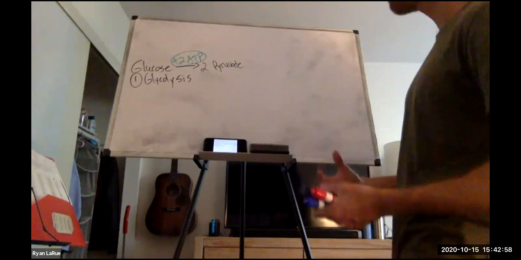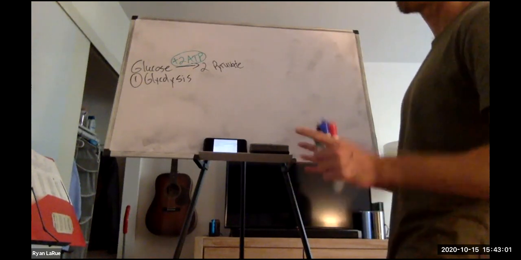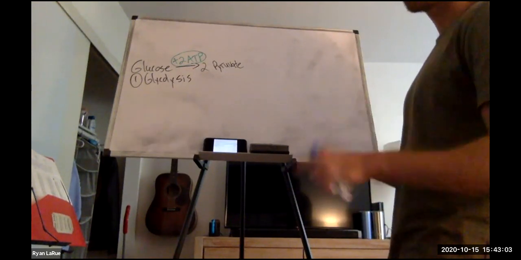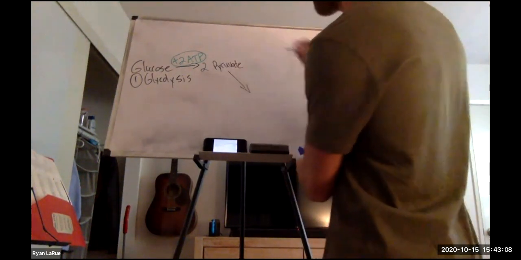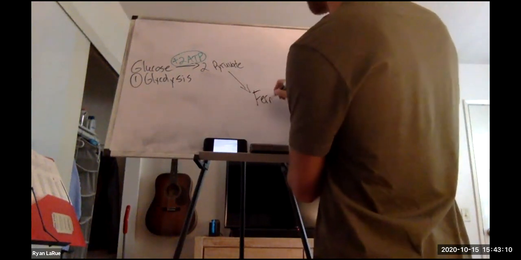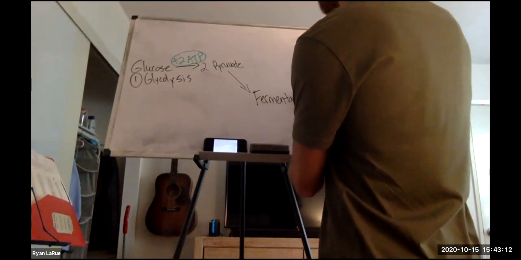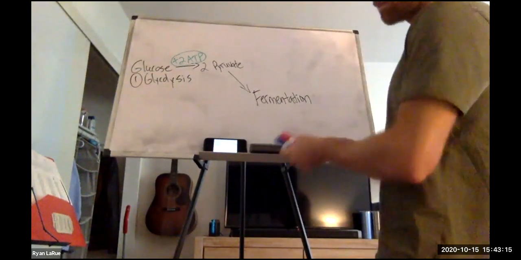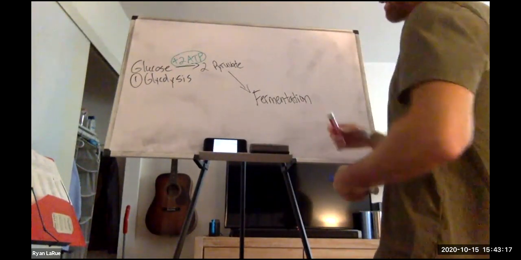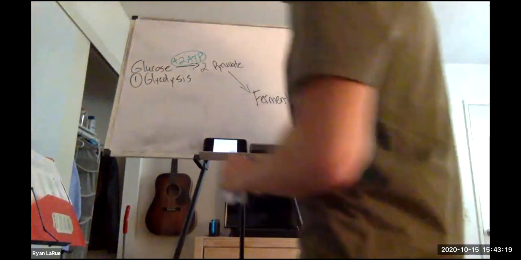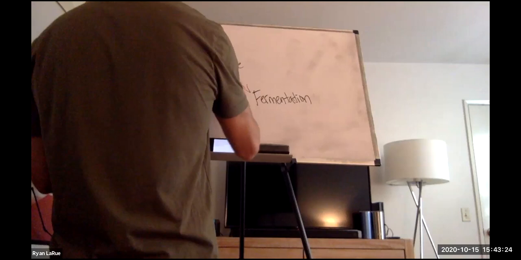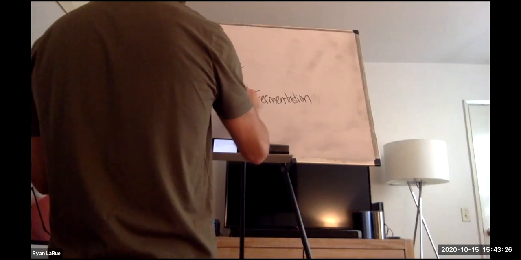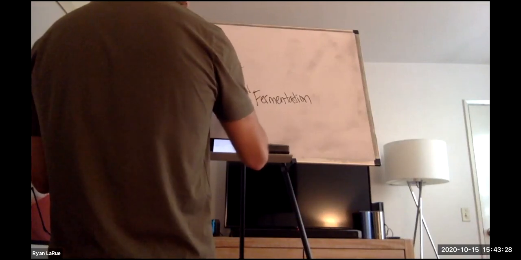So in an anaerobic environment where oxygen is lacking, the cell performs fermentation, which I'll do down here. I'm also going to write oxygen is absent. And the fancy word for that would be anaerobic, but I'm going to write oxygen is absent. So this is an anaerobic process.